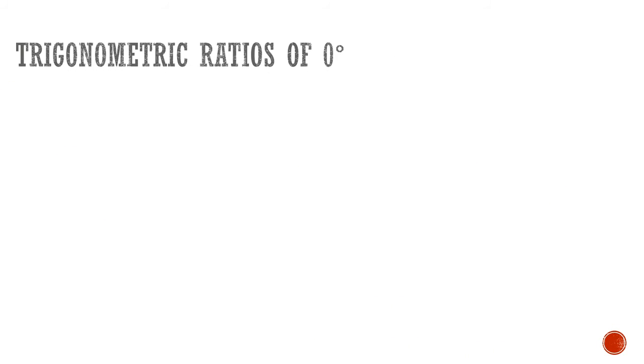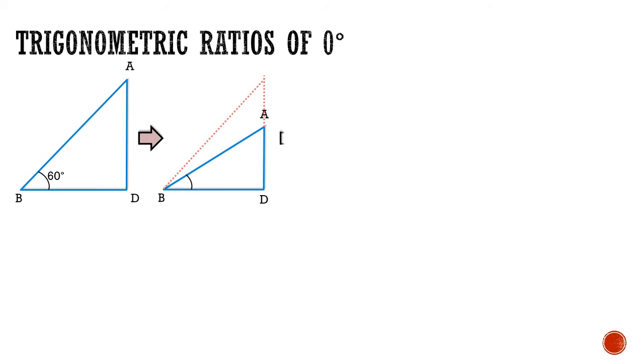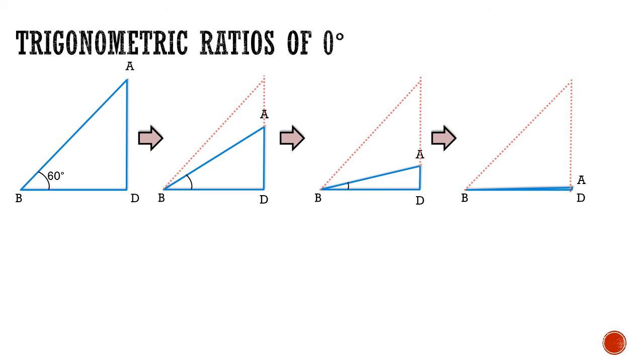Now we shall be discussing the case where your angle is equal to 0. What will happen? Let's see: if your angle, which was initially 60 degrees, is reduced to the extent that it reaches basically 0 degrees, this hypotenuse, which was AB earlier, superimposes or aligns itself with the line BD, such that BD will be equal to AB now, and the height AD becomes equal to 0.